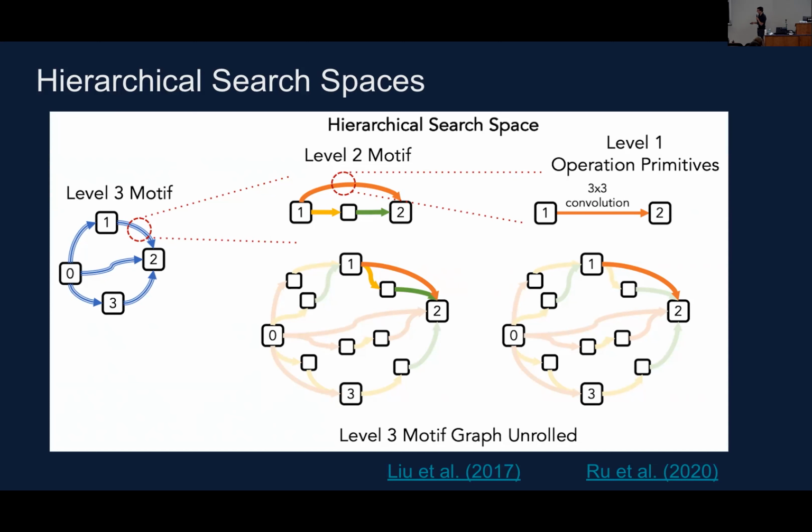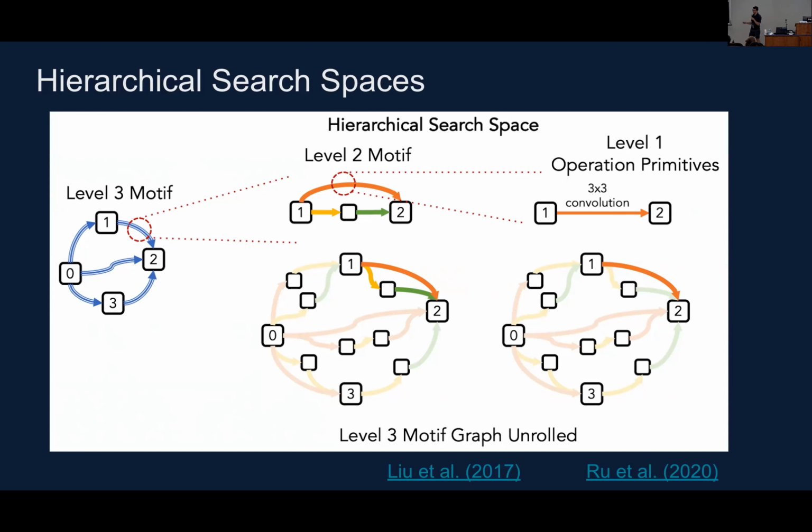So the idea is that for cell-based search spaces, we had a fixed skeleton, human designed, like, okay, put 20 cells here and connect them in this way. But in hierarchical, we add hyperparameters to the skeleton. So our NAS algorithm can also search over the backbone of the architecture itself.